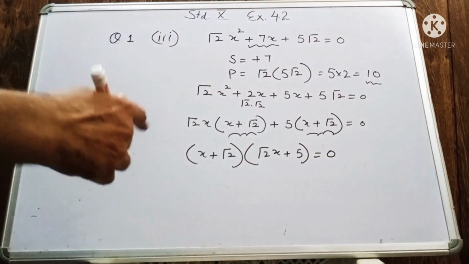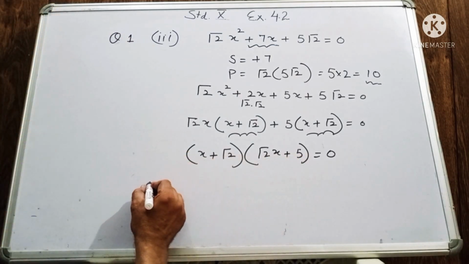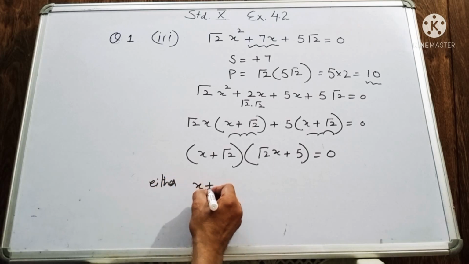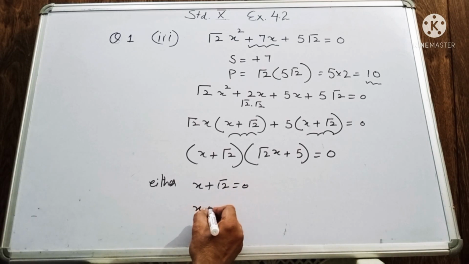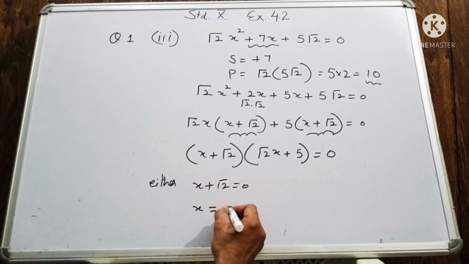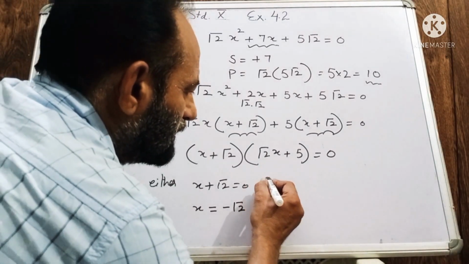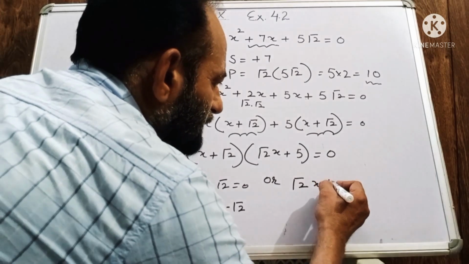Now we will equate each factor separately equal to 0. We will write either x plus under root 2 is equal to 0. From here we can find x is equal to minus under root 2, or under root 2x plus 5 is equal to 0.